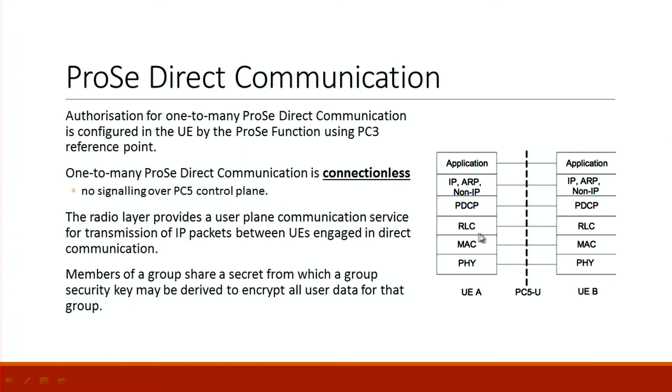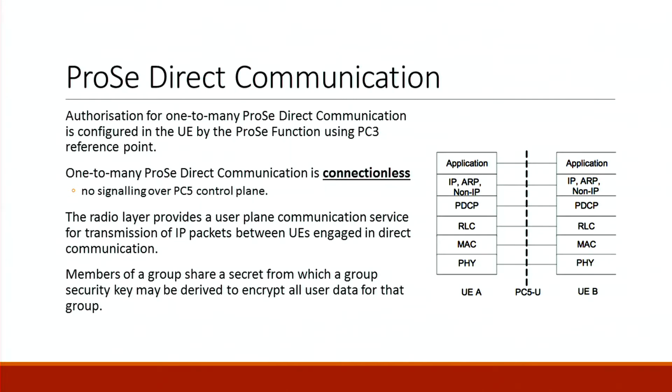PDCP and RLC are the RRC, radio resource control layers. So they will just arrange communication as if you would be talking to the eNode B. They will use the same procedures at the physical layer, a MAC layer, at a RLC layer as well.